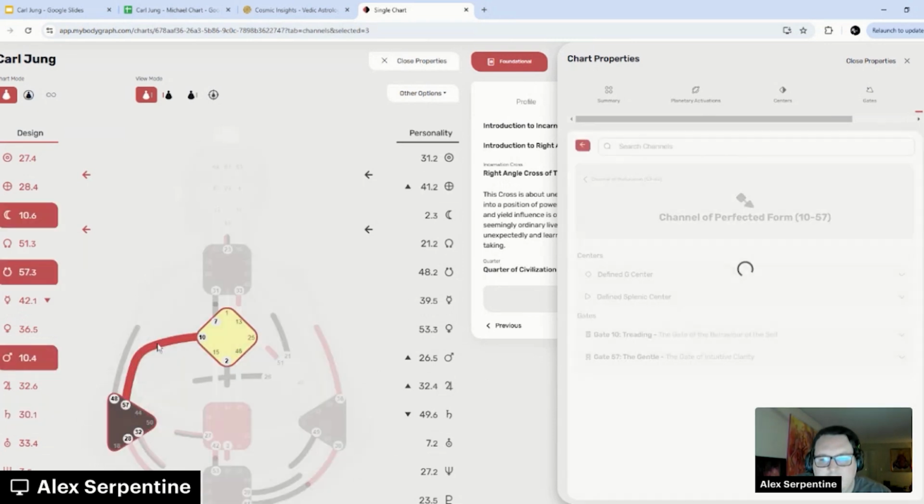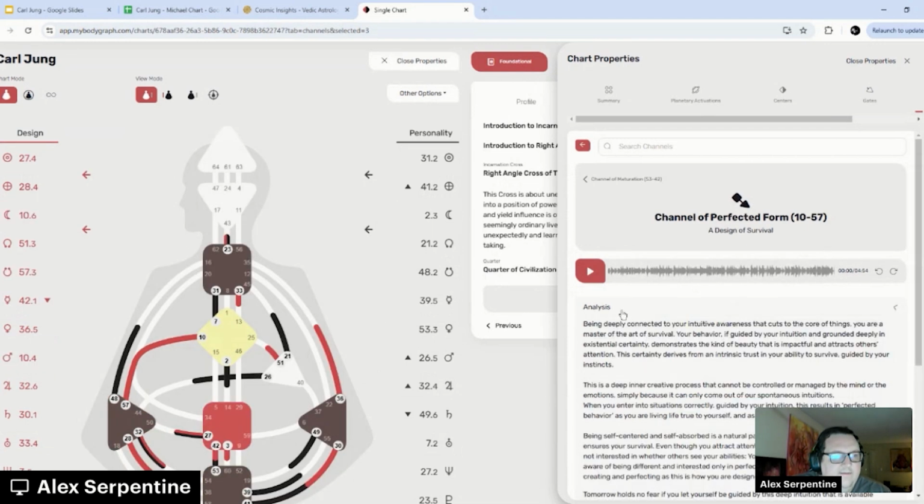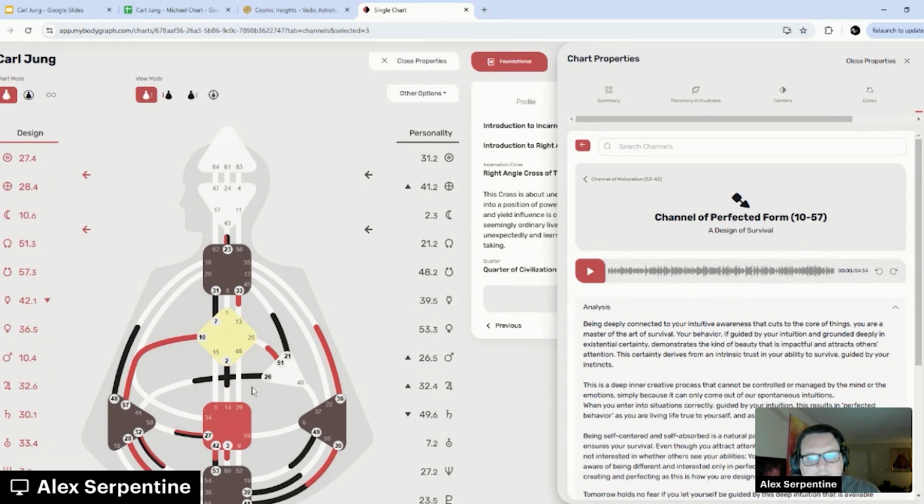And then his last channel is the one connecting the 57 to the 10, or 10-57, and it connects his self center to the spleen center. The spleen center is in-the-moment intuition, and the self center is his own self love and direction.